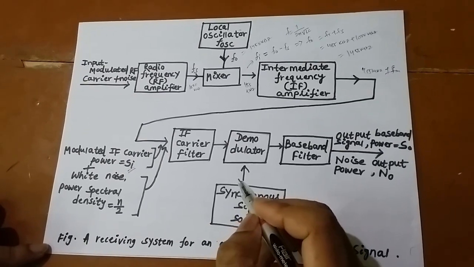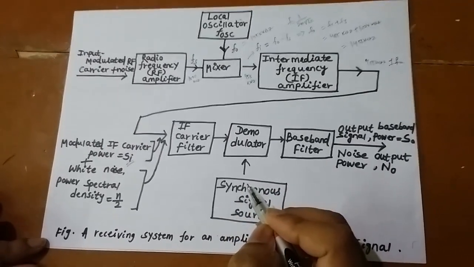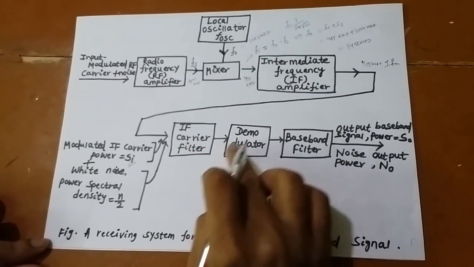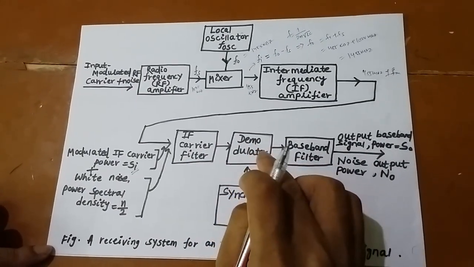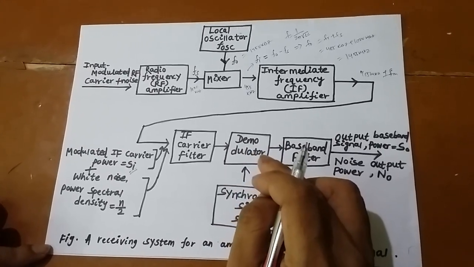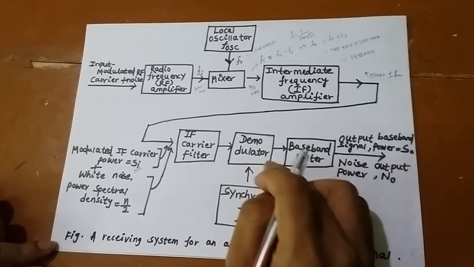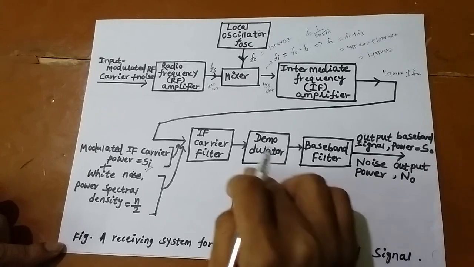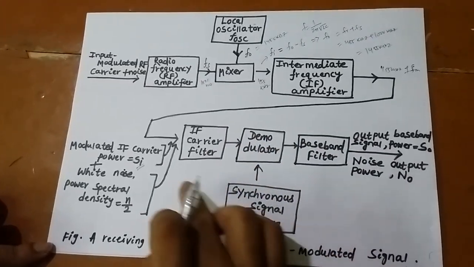For example, if I am using a double sideband with carrier, in the demodulator block diagram, the demodulator is an envelope detector. But if it is a double sideband with suppressed carrier or single sideband suppressed carrier, the demodulator is a synchronous detector.